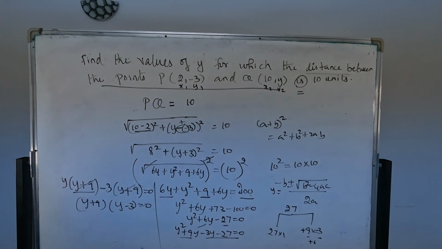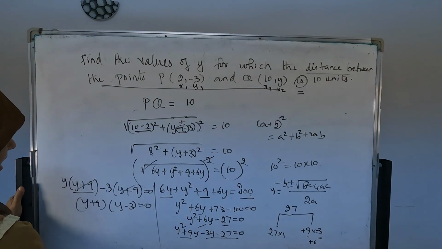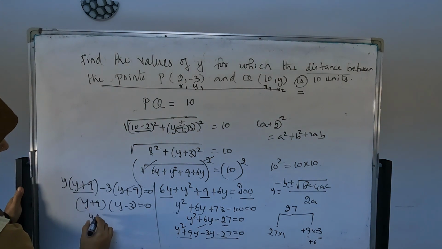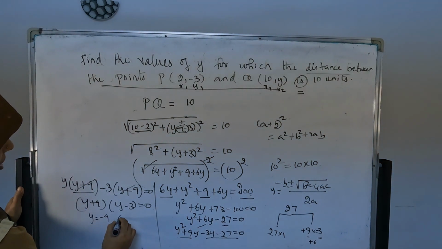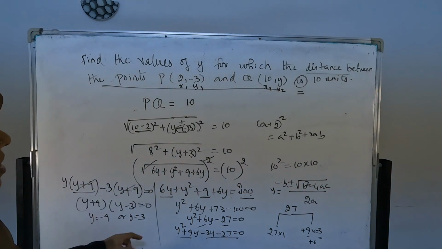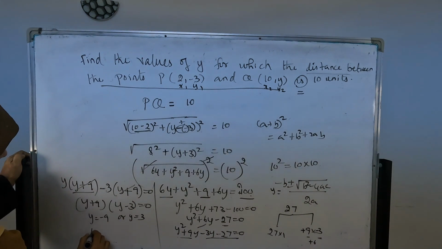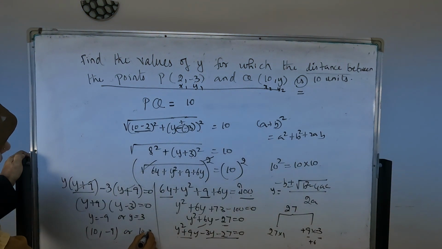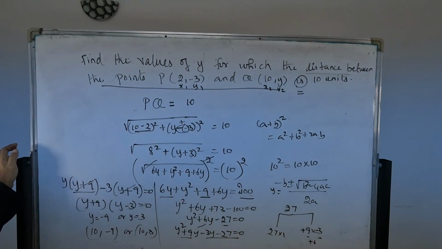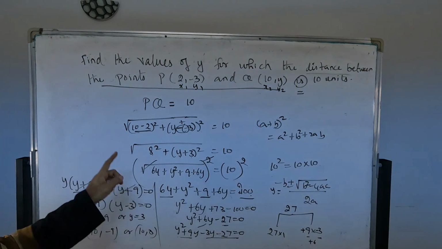So (y plus 9)(y minus 3) equal to 0. Now we have two parts: y is equal to minus 9 or y is equal to 3. Two roots are coming for y, minus 9 and 3. So the point may be (10, minus 9) or (10, 3). These are the two answers we are getting.